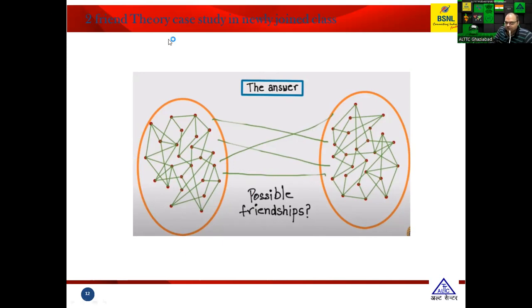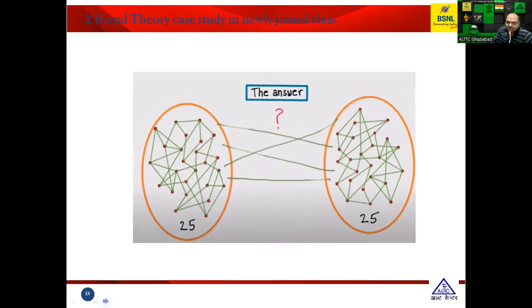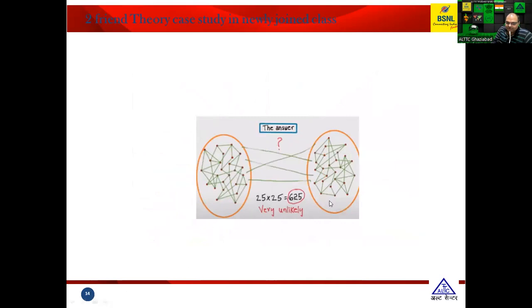Suppose at one weak moment or one opportunity, Rama finds a chance to talk with Salma. Even if it is only a hi or hello, Rama enters Salma's circle, and the conversation will start. That means 25 into 25, 625 combinations can be there.